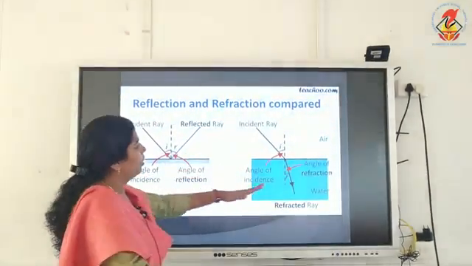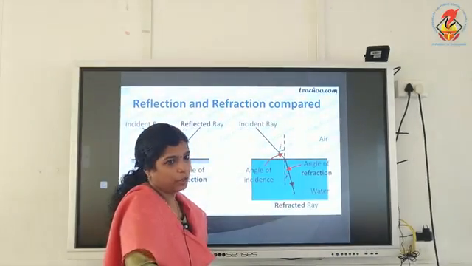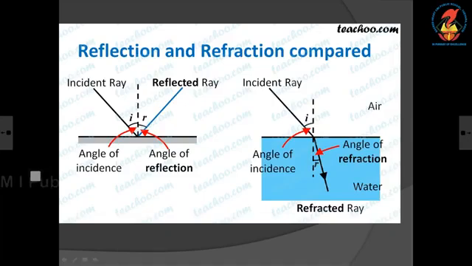In refraction, the light will pass through the second medium. Normally these two media will be transparent so that the light can pass through the second medium. Here it is air and here it is water.